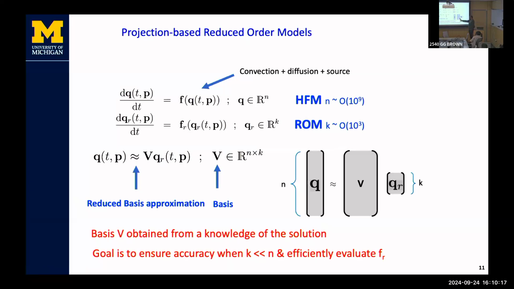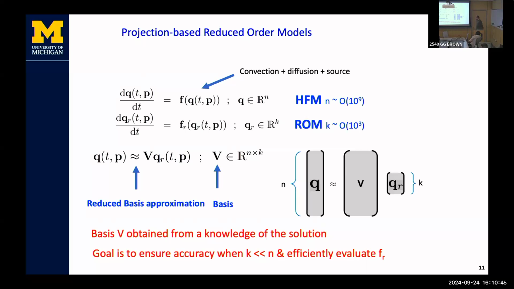In this particular slide, I'm showing you this reduced basis approximation where effectively you have this basis matrix V, right? So each column represents a basis vector, and each row of Q_R represents the coefficient of that particular basis mode to give you your full order state, right?